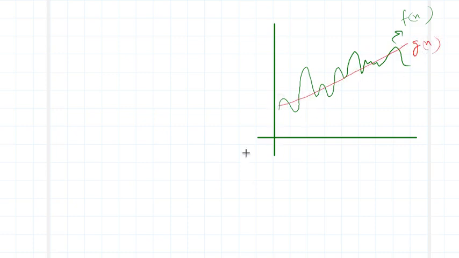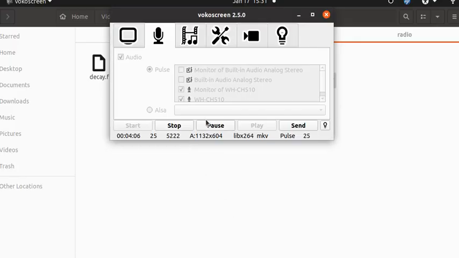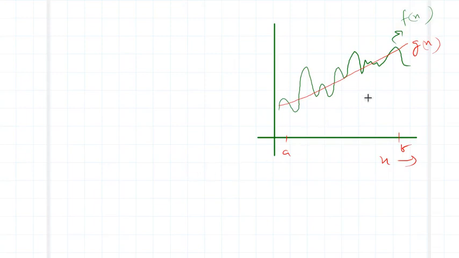Let us call it g(x). So it's the x-axis and the y-axis, and I have taken points a and b because I am interested to find out the integral from a to b. So the given function is like this. This is f(x) and g(x). This is the flatter function which I am using, and this is the given function.